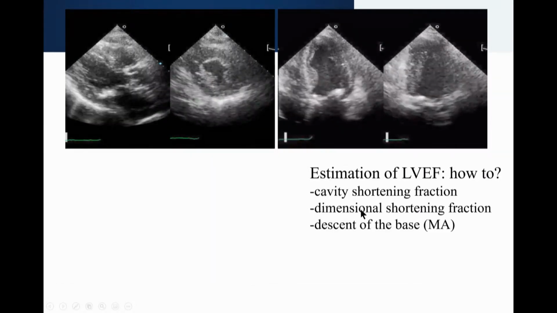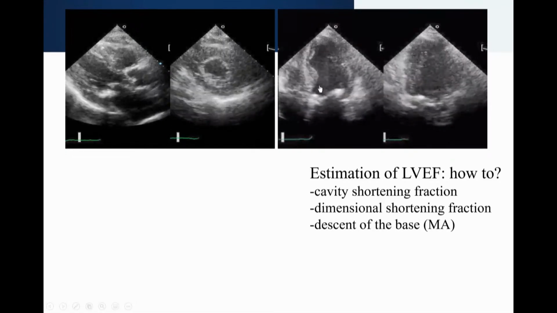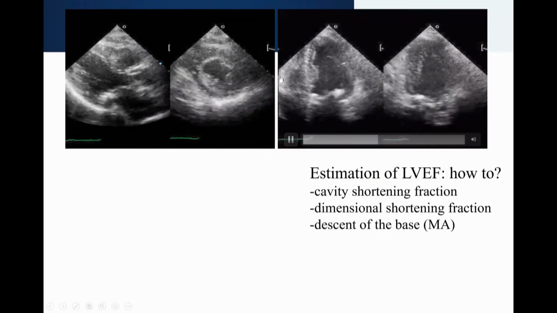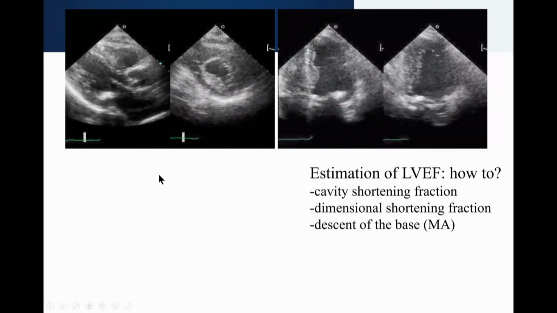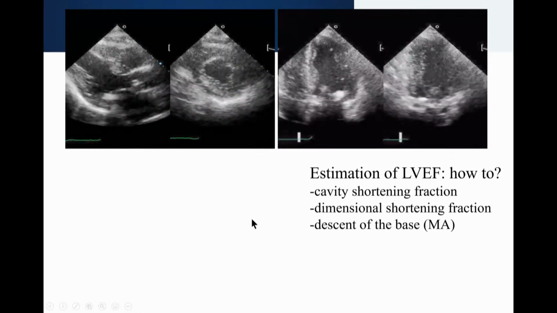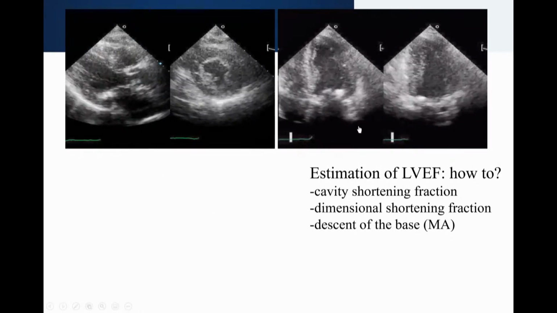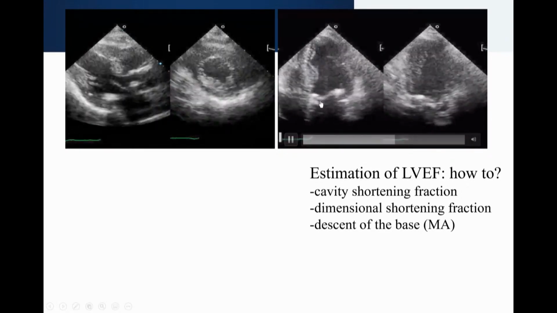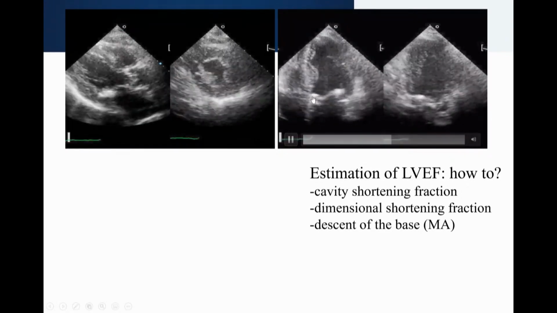You can actually do a dimensional shortening fraction. In other words, in your own mind, you can do a fractional shortening of these diameters here. In fact, many years ago, we published a method for ejection fraction calculation using diameters. You can also use the descent of the base, because as ejection fraction drops, the longitudinal axis reduces and you have very poor descent of the base.